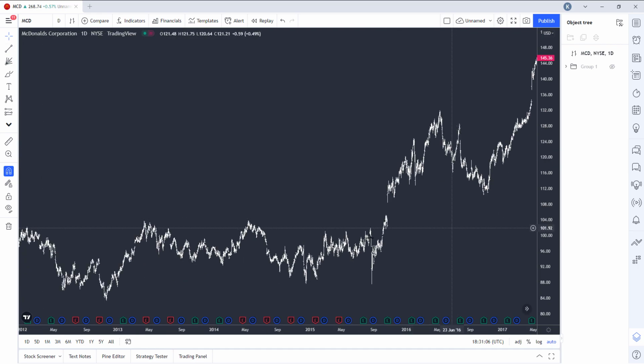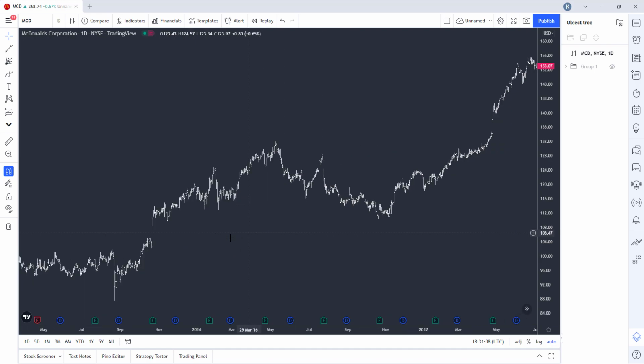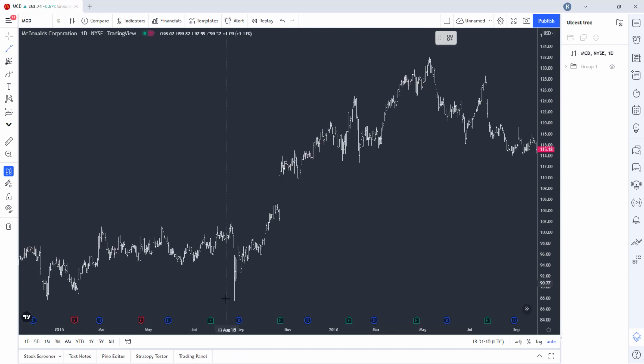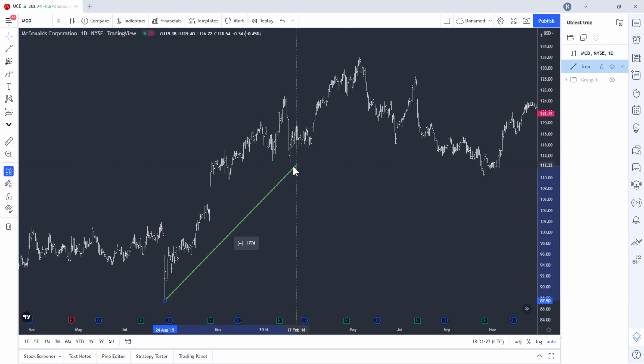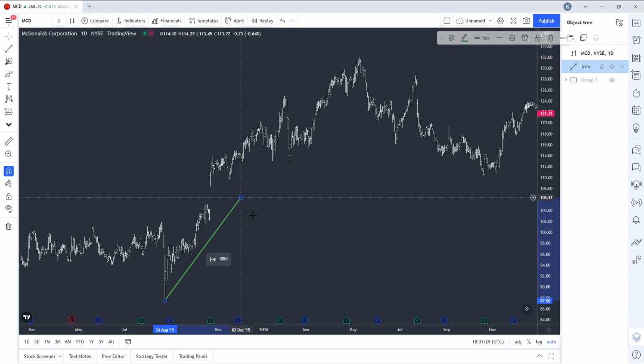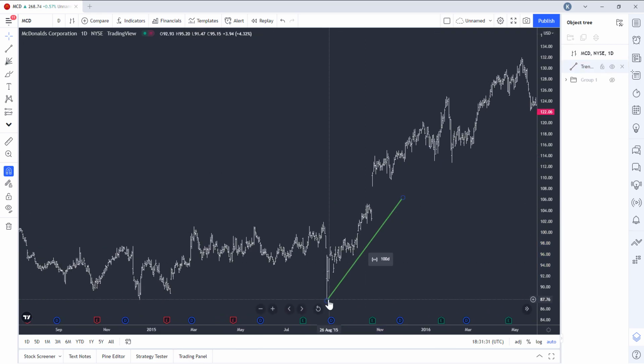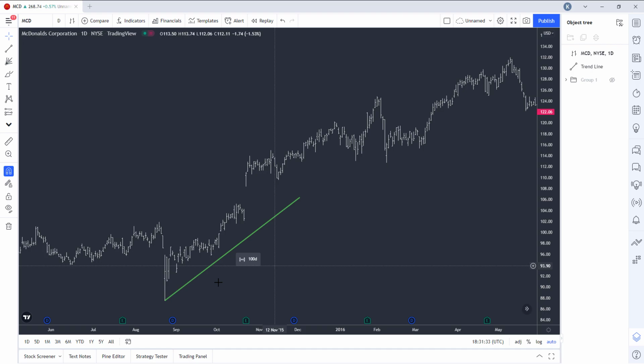What we do is we anchor a point from the absolute bottom, and let's draw a line. Let's say 100 days. Let's draw 100 days. So from here the price should rise 100 points.